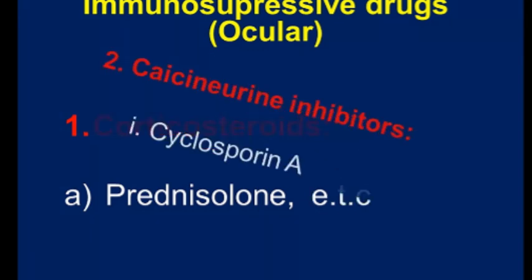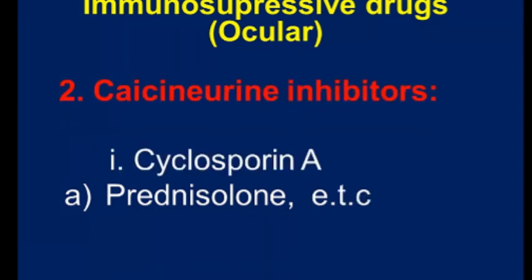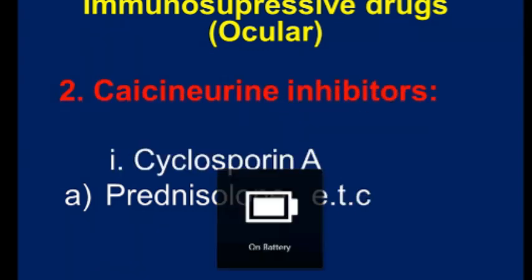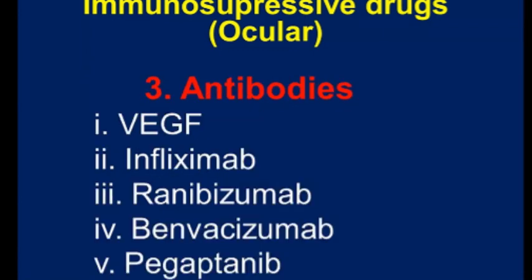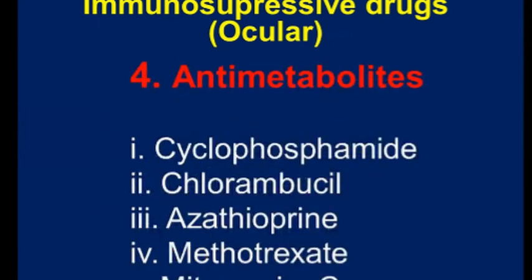So prednisolone is an example, cyclosporin A, antibodies like anti-VEGF, infliximab, ranibizumab, and other anti-VEGF drugs are examples of immunosuppressive drugs. Another example under immunosuppressive drugs is antimetabolites. So mitomycin C, I know this one might be very common with you.